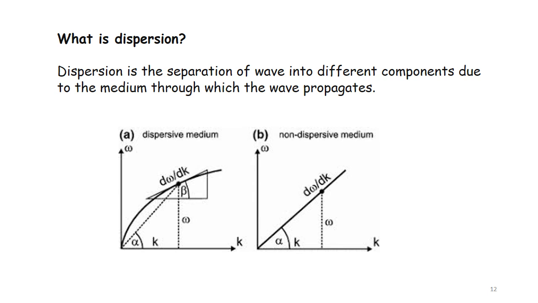Light from the sun is white. When it passes through a dispersive medium, you see the dispersion separating it into different colors. This plot shows you the relationship in a non-dispersive medium.